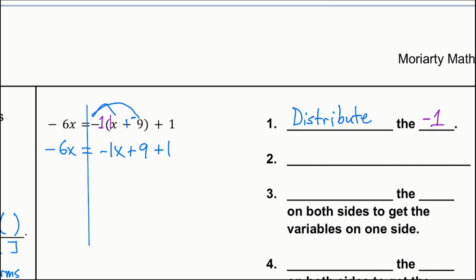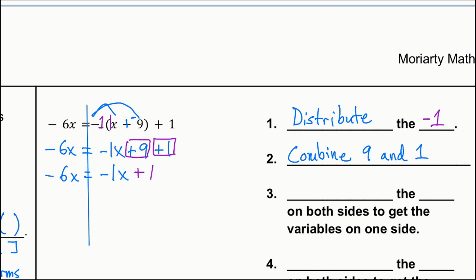So I'm going to combine the 9 and the 1. All right? These guys right here, these are my like terms. So plus 9 plus 1. So we should get negative 6x on the left equals a negative 1x plus 10 from those combining of like terms.